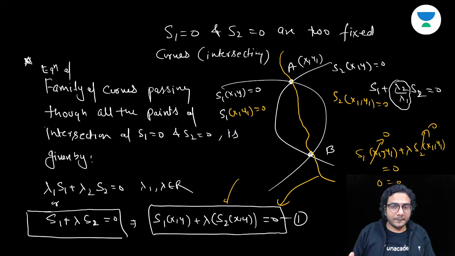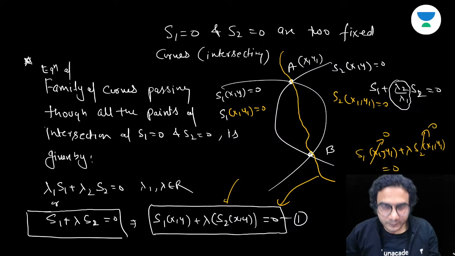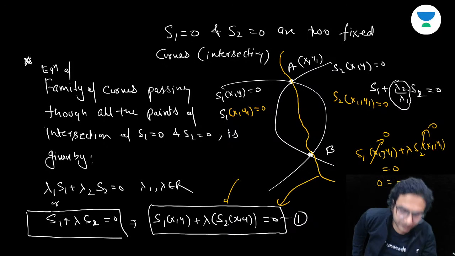You might get a hyperbola. Are you understanding this point? Because 2-degree plus 2-degree will be either 2-degree or linear, and 2-degree can represent any conic, which we are going to study: parabola, circle, ellipse and hyperbola.